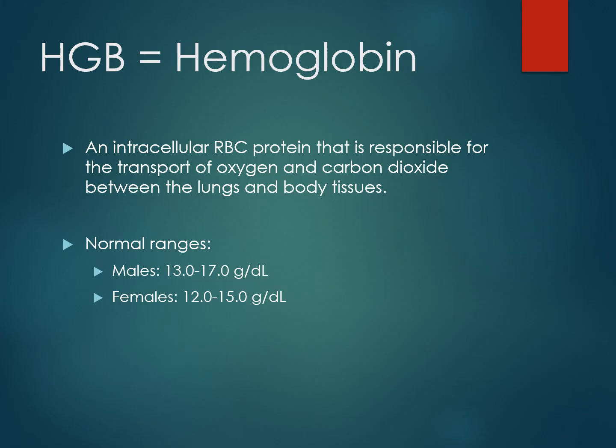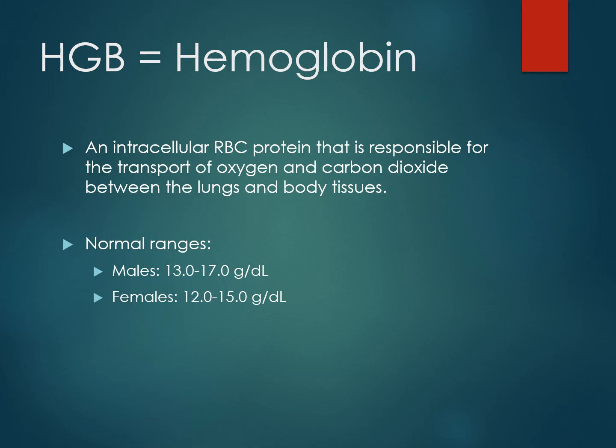So if we have a decrease in hemoglobin, that means we also have a decreased capability of transporting oxygen and carbon dioxide. If you think about that, that could explain why shortness of breath is a symptom, why weakness is a symptom of anemia.